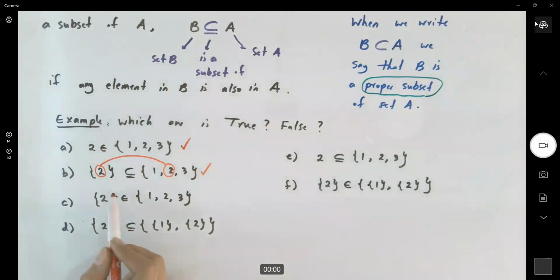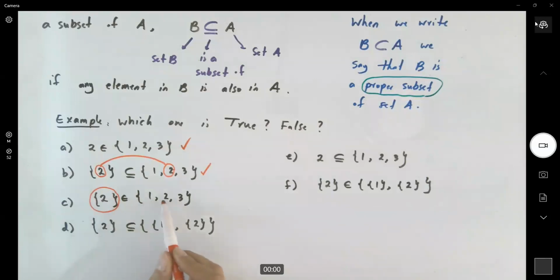This guy says, hey, this set, which is this element here, is a member of this larger set here. Guys, the member here is a set. None of these are sets. These are just members as numbers. 1, 2, 3.